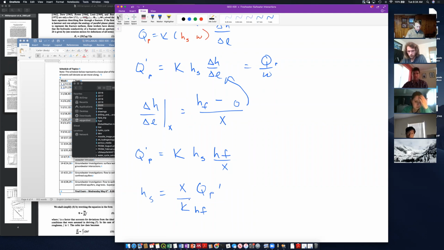And now we can remember that we can insert our equation star for the relationship between H sub S and H sub F, and we can get this final statement.